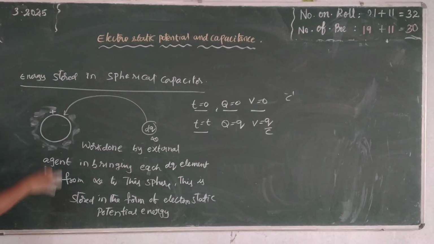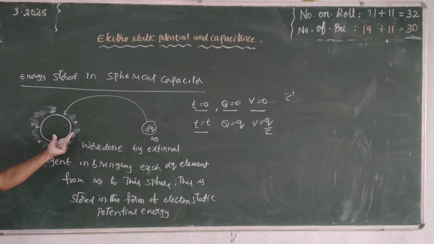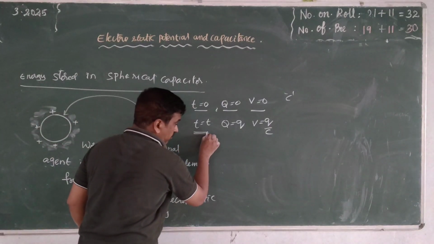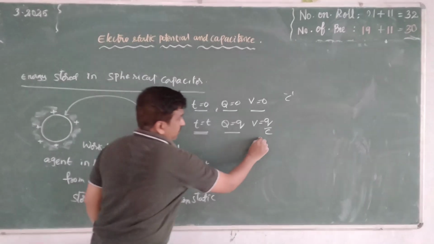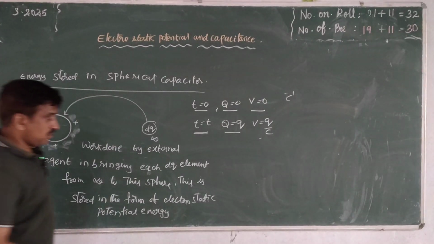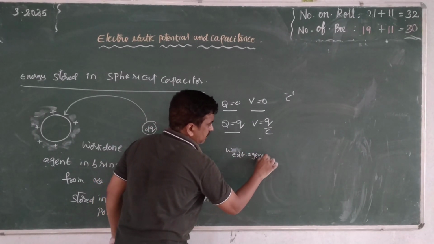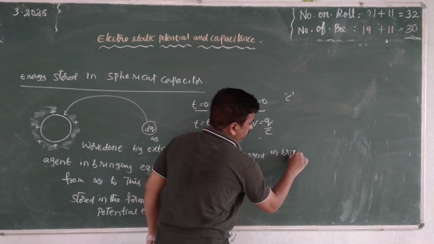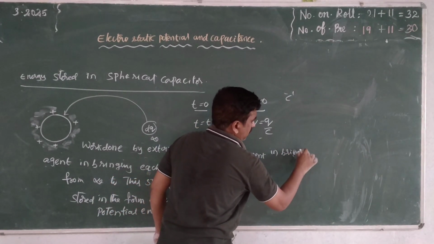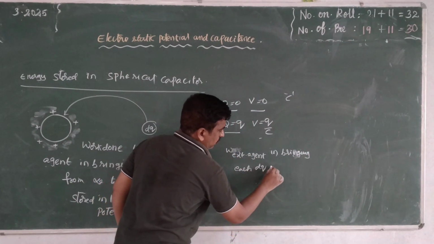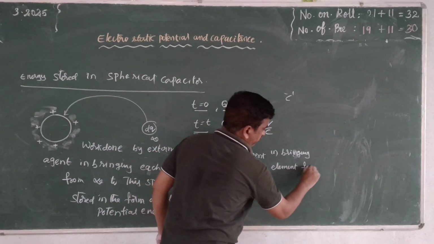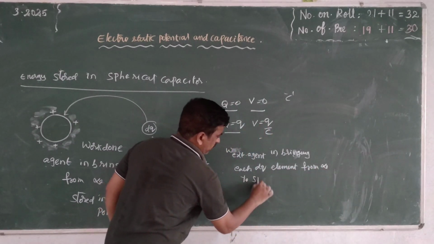Each dq will be stored in this sphere. After time t, charge will be small q and potential is q by C. Now consider the work done by the external agent in bringing each dq element from infinity to the sphere.